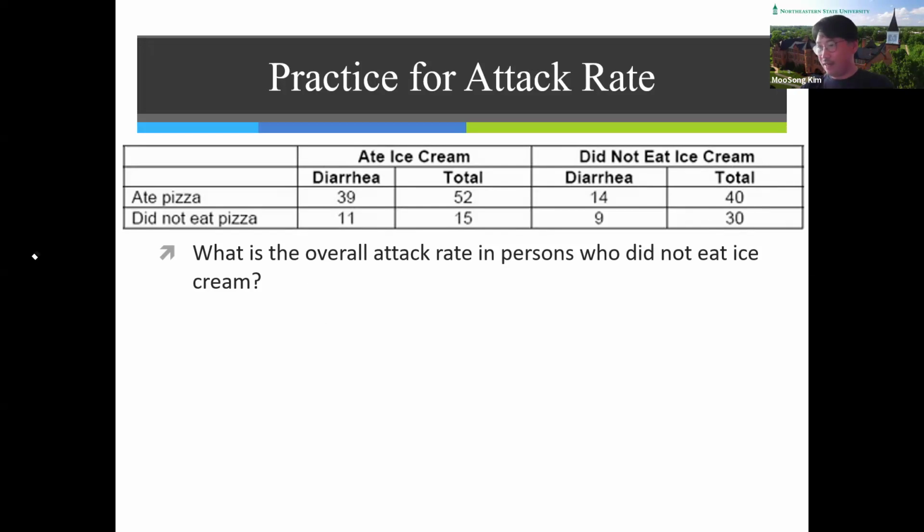Total here, 40 and 30, so a total of 70 people did not eat ice cream. That is the denominator, the people at risk, right?